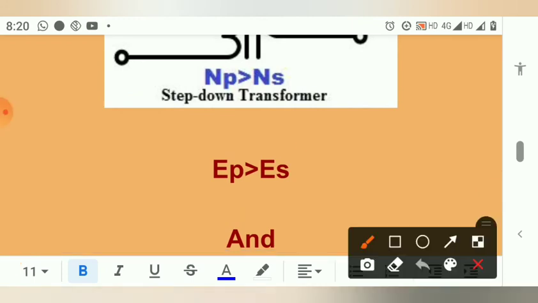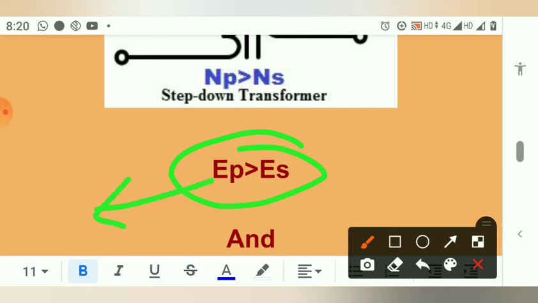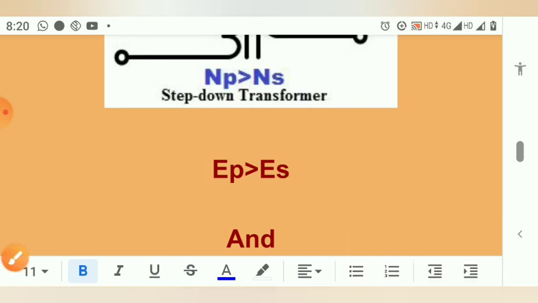Now we talk about the EMF, the voltage supplied to the transformer in step down. The primary coil EMF will be greater, and the secondary coil EMF is lesser. Why?